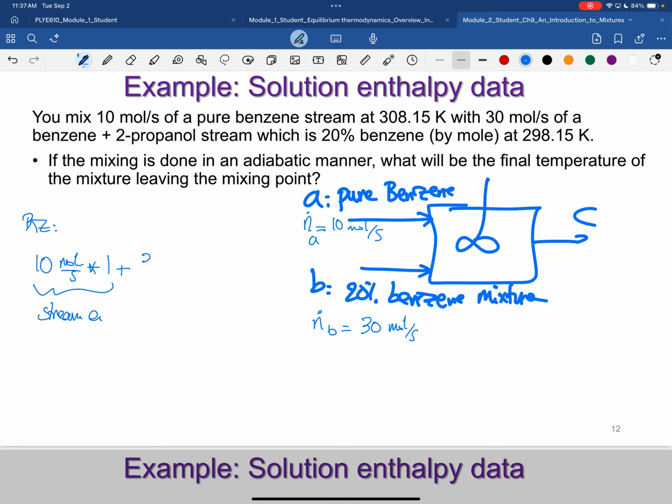Then I have 30 mole per second coming from stream B. So the outlet should be 40 times some mole fraction, X1. Component 1 is the benzene, and propanol is component 2.